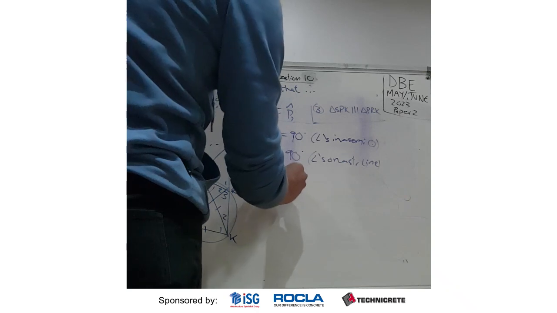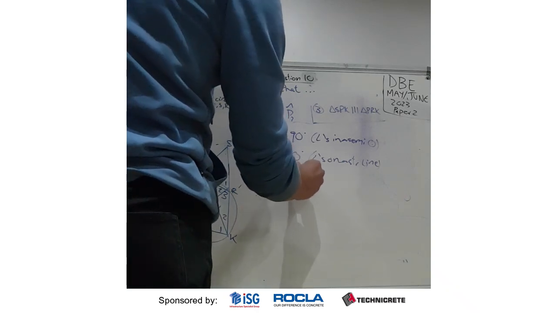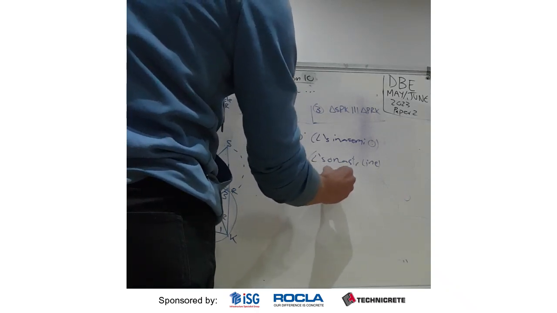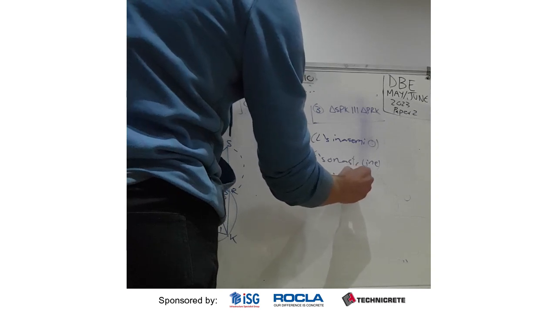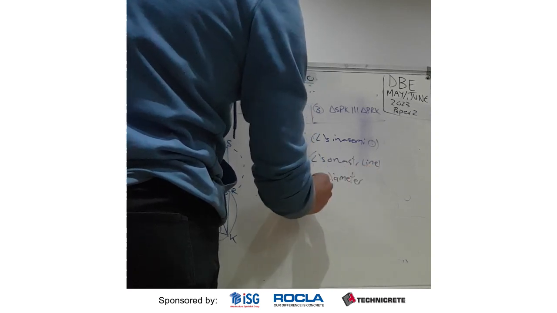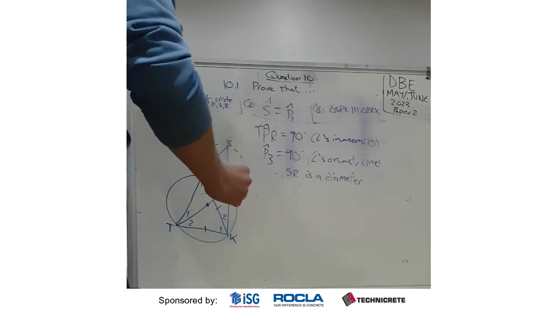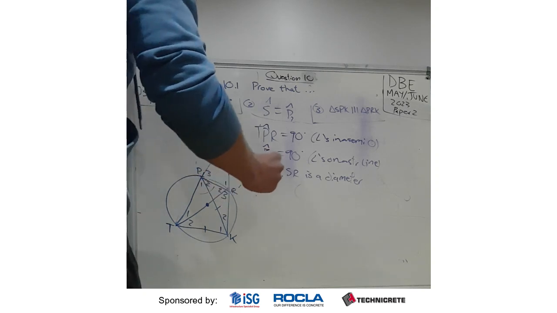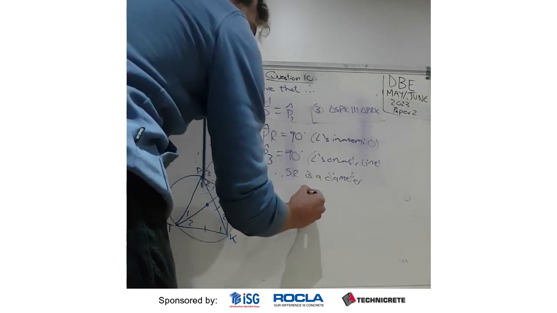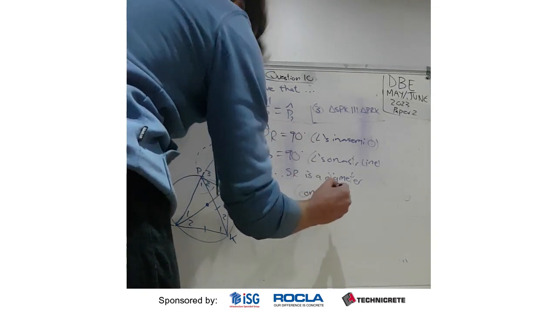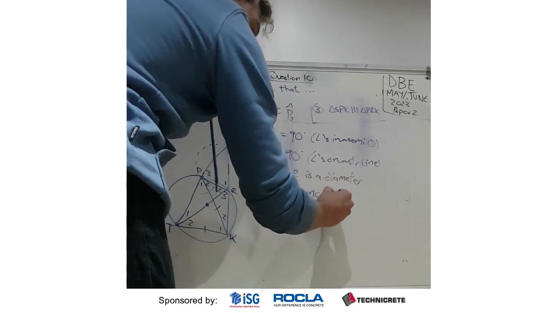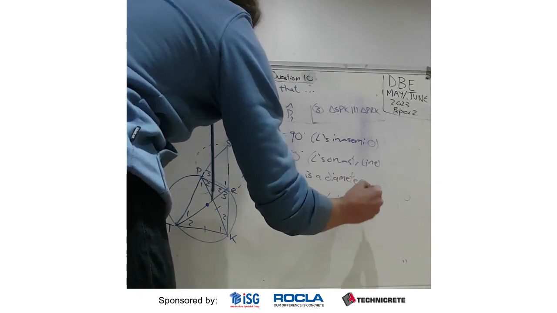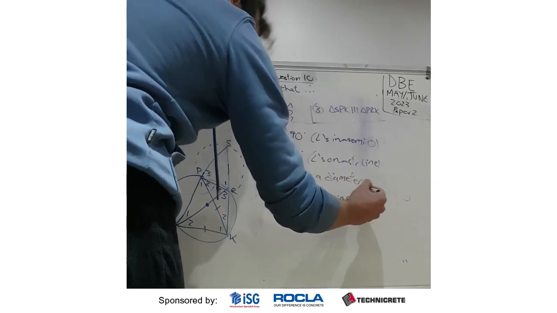And just like that, we can already say that SR is a diameter. The reason we can give is converse angle in a semicircle.